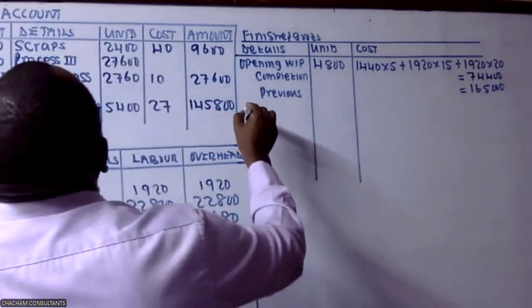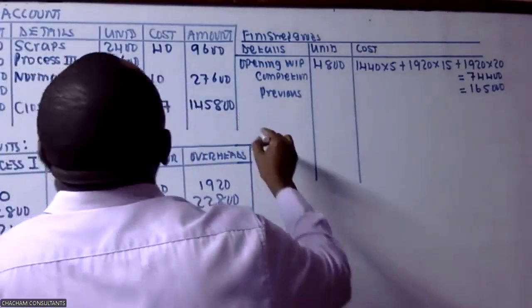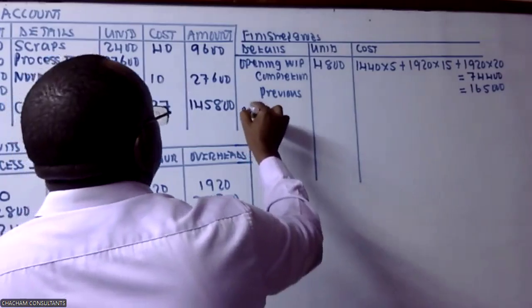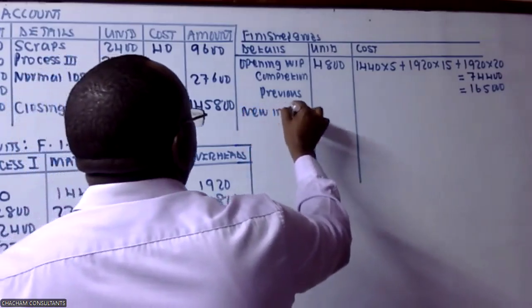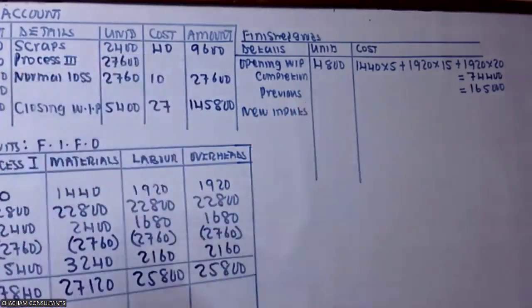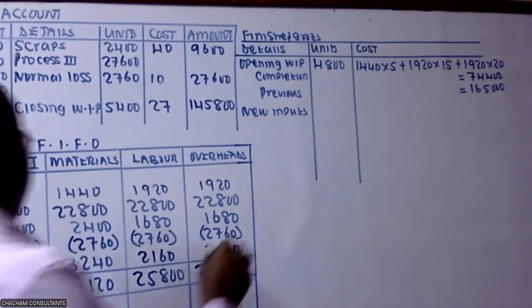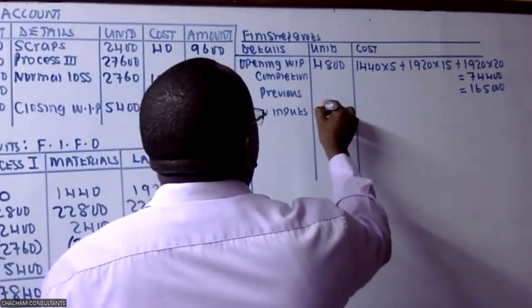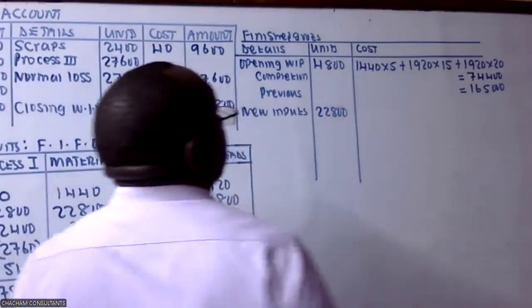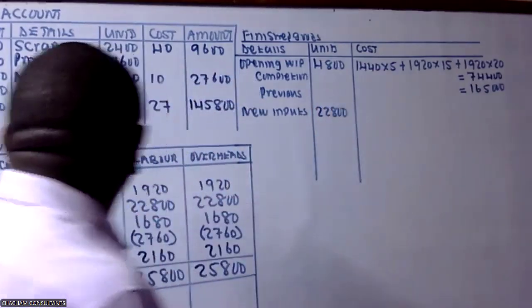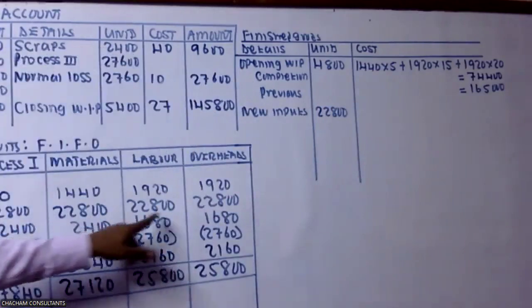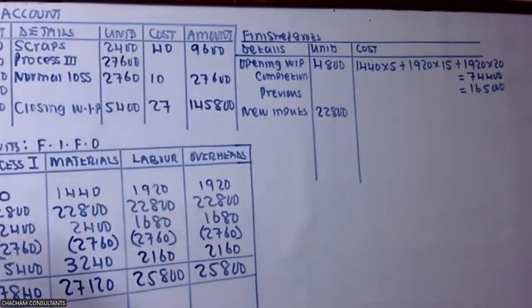Then we have the new inputs. The new inputs, they're easy. We also argue the same way. They are 22,800. So you take all these units and multiply them with these ones.